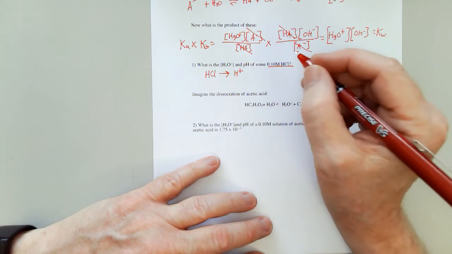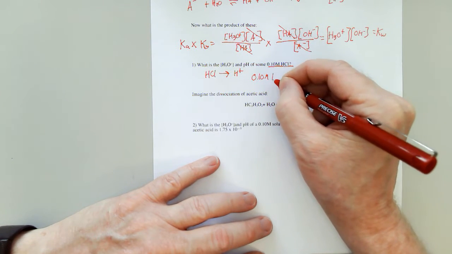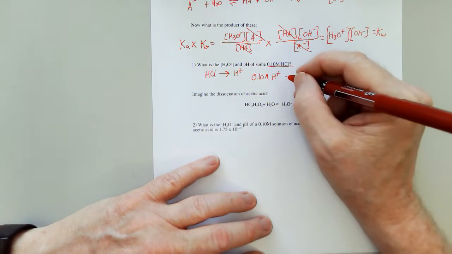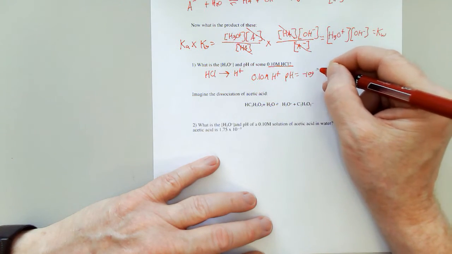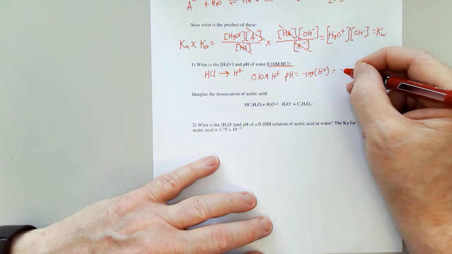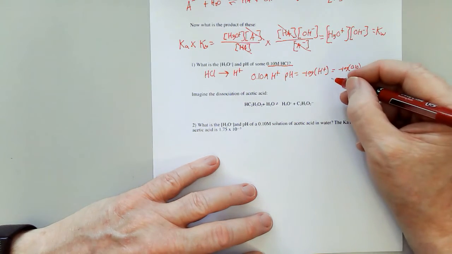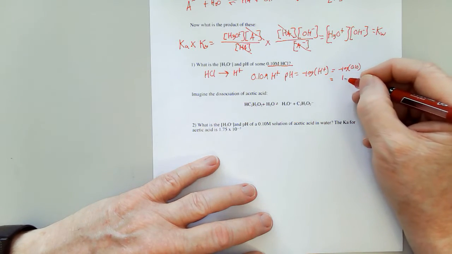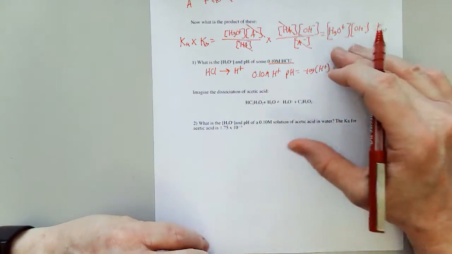If I have 0.10 molar HCl, I have 0.10 molar H plus, fully dissociated. pH equals the negative log of the H plus, which equals the negative log of 0.10, which equals 1.00. There we go. Pretty straightforward.